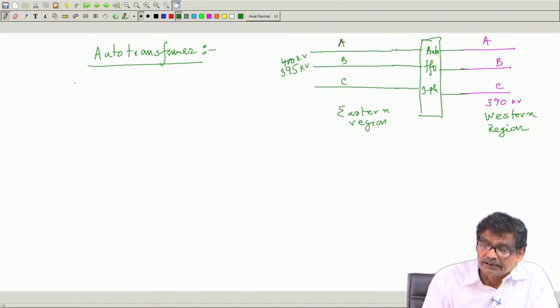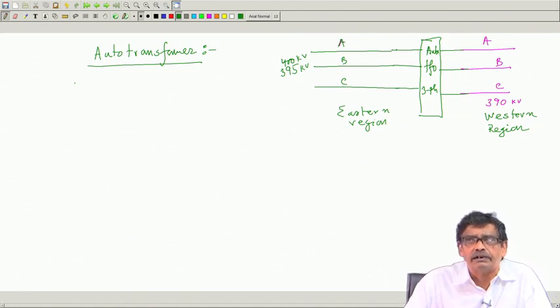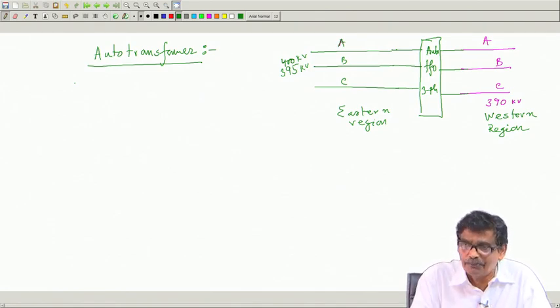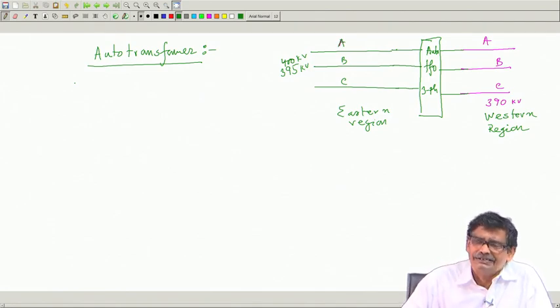So, this is one case. Or maybe you can connect an auto transformer to start a 3-phase induction motor. Of course, I must add one remark: starting an induction motor using a bulky auto transformer is not a good solution now.